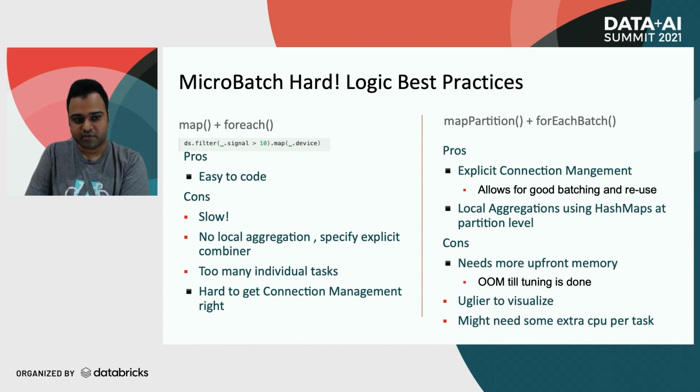The implicit parallelism that you got with map and foreach, through the huge number of tasks that got created, is now your responsibility to maintain within the map partition and foreachBatch. So it's not like it just disappeared, but you need to keep that in mind before trying to juice this approach for more performance.